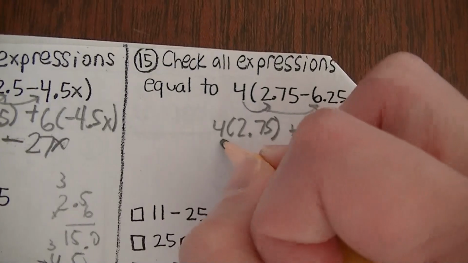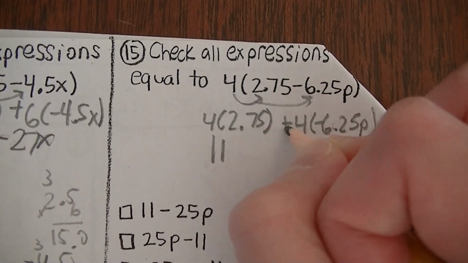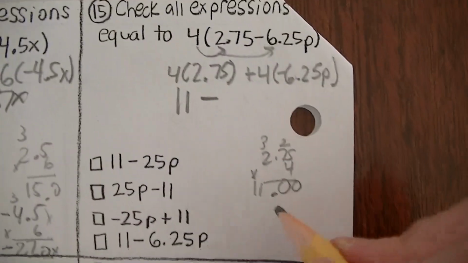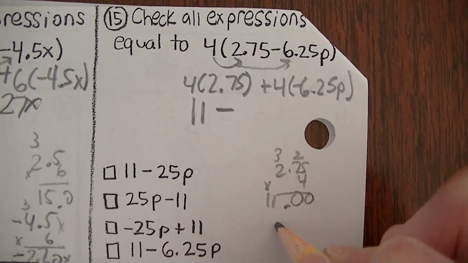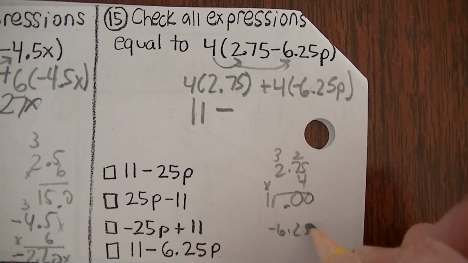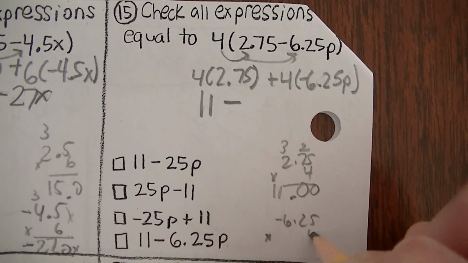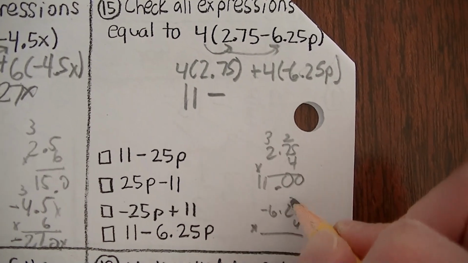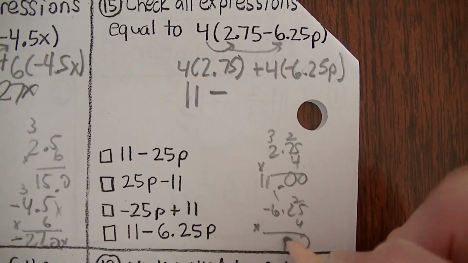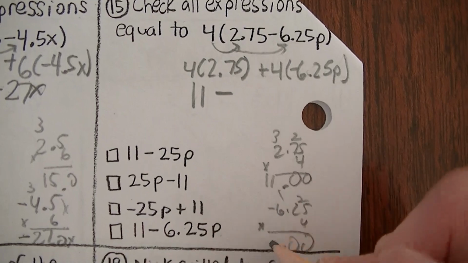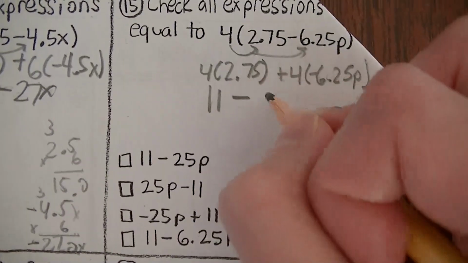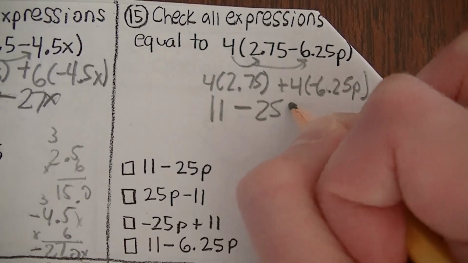Okay, so it's 11. And then positive times a negative is going to be minus. So negative 6 and 25/100ths times 4. And 25/100ths, don't forget the p.